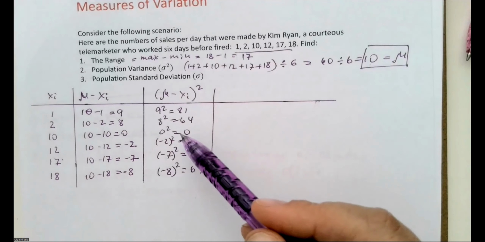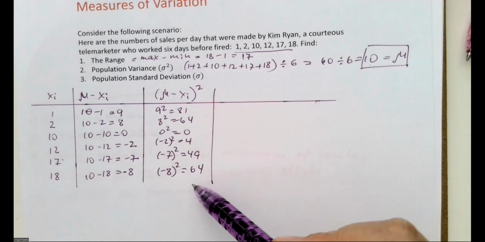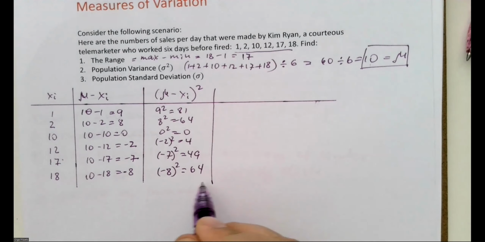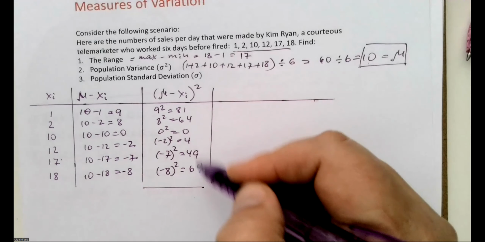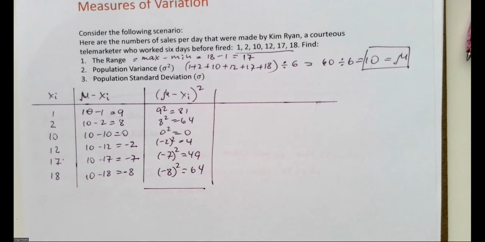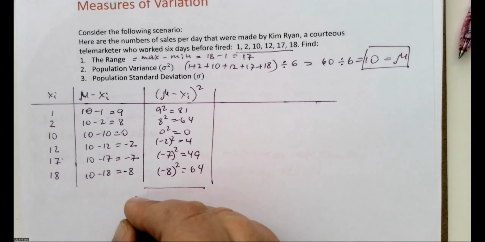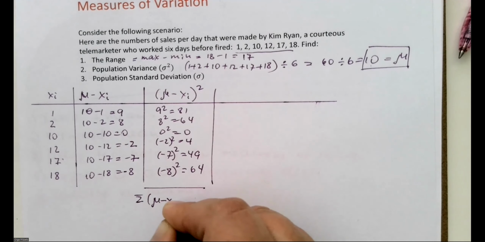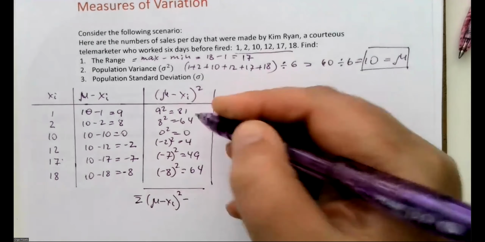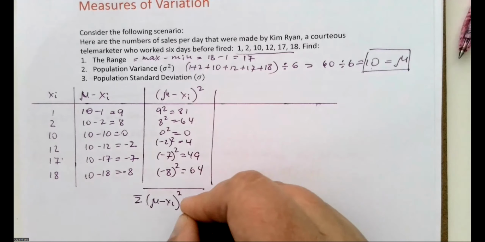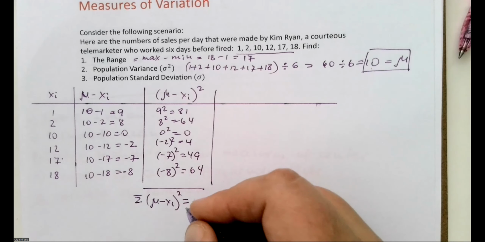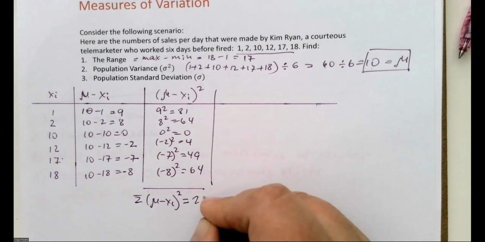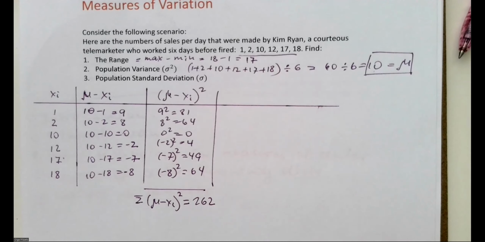Now we're going to actually average those values. In order to average them, we have to add them up. When we add all of those distances squared, we get a total of 262.